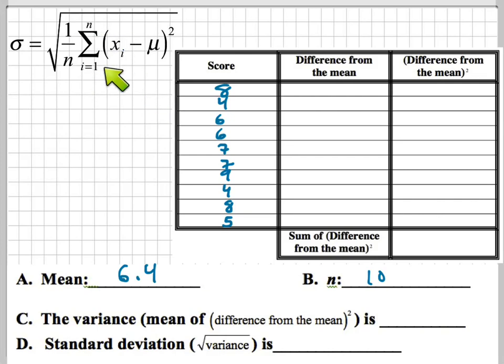We keep going until we finally get to x of 10. And so you add them all together, and then you get this down here. So the sigma of the group is whatever number you put down here. What did you guys get down there? 26.4? Okay, I'm just putting that there so you guys can have that. Now that's just 26.4.